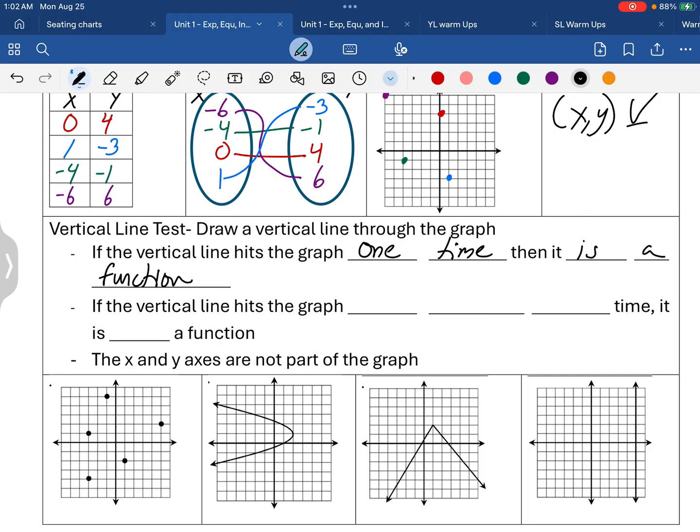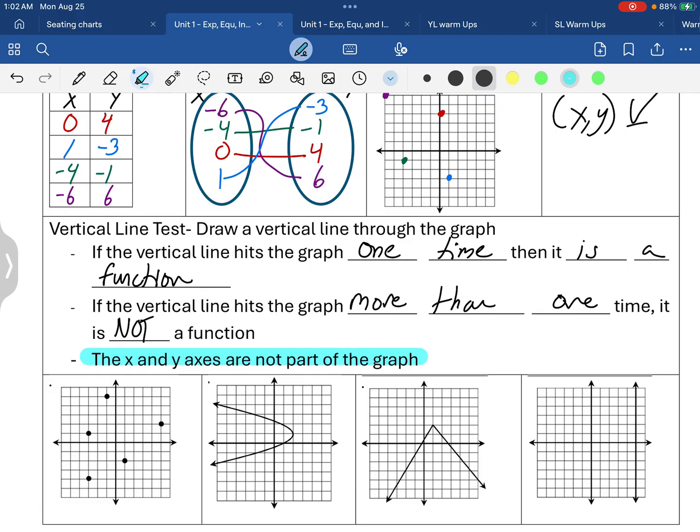If the vertical line hits the graph more than one time, then it is not a function. A really easy mistake people make right here is the x and y axis. The x and y axis, they're not part of the graph. They're just there to show, okay, this is where the zeros are and this is where the lines of the graph are.